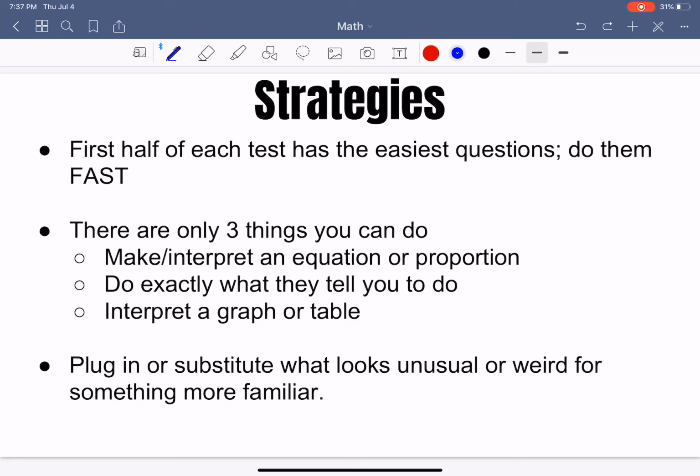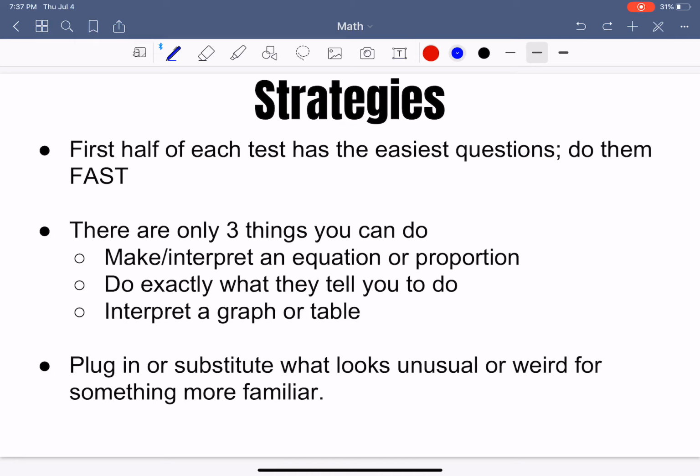Once we do more practice, you'll see examples of what I mean. A lot of times that just means you write down exactly what the question says, and they give you the equation you have to solve just by following the words they tell you. Or you can interpret a graph or a table. Sometimes they'll give you a graph and ask you something about it. So those are the 3 things you can do.